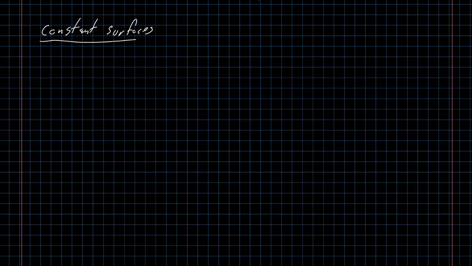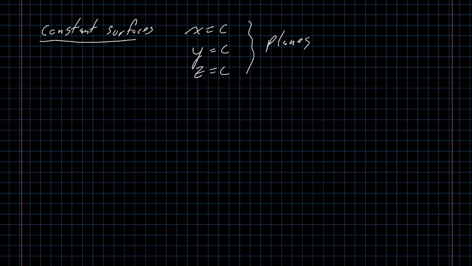are the constant surfaces. In rectangular coordinates, the constant surfaces, x equals c, y equals c, or z equals c, are planes at right angles to the corresponding axis.